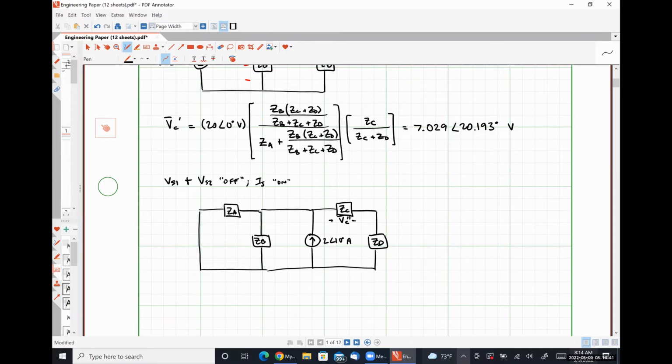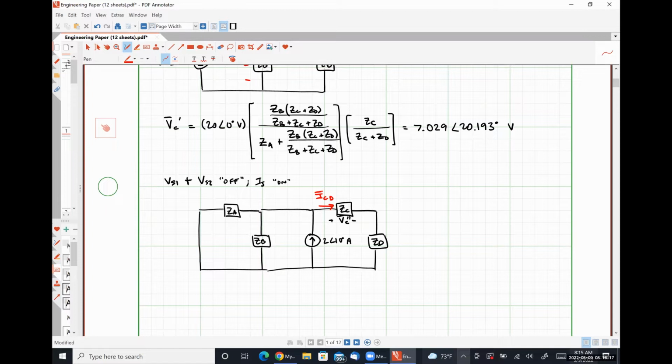And what I am going to do is use current division and Ohm's law in order to determine what that quantity is. Okay. So if I'm employing current division, what I'm trying to figure out is this current, which I'm going to call ICD, because that current is flowing through the series combination of impedance ZC and impedance ZD.